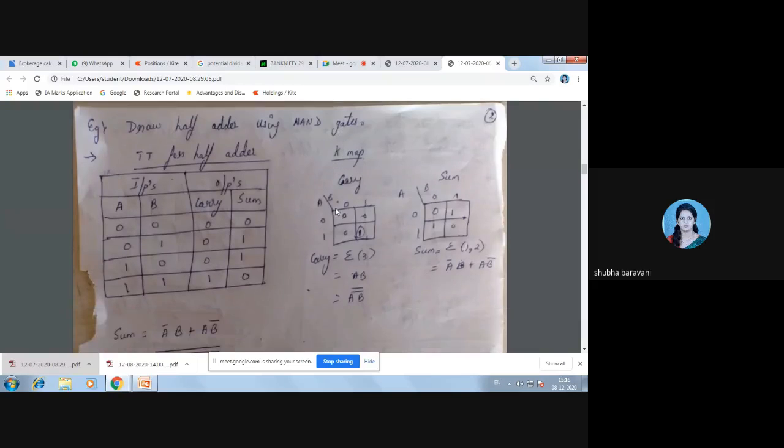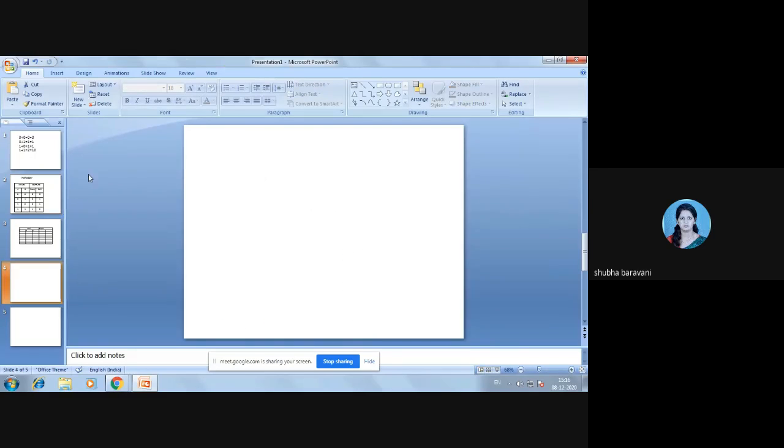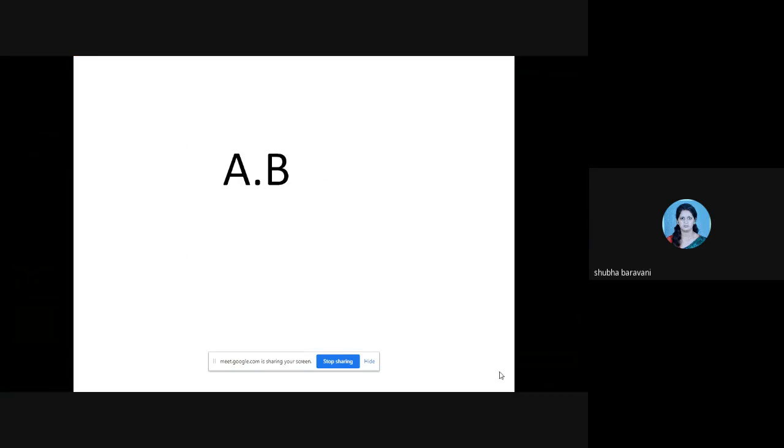So what we'll do is, see, carry is given as A dot B. Now if I put a bar here, what would it be according to De Morgan's theorem?